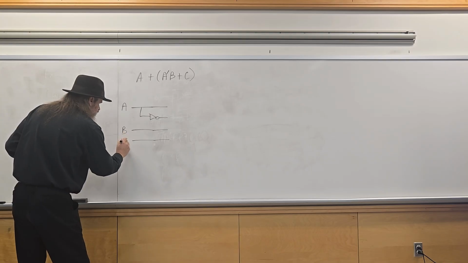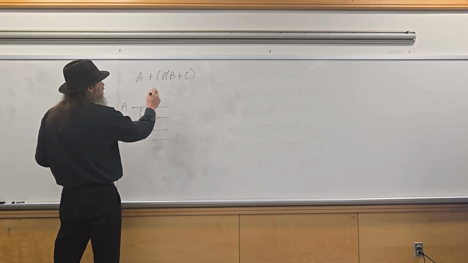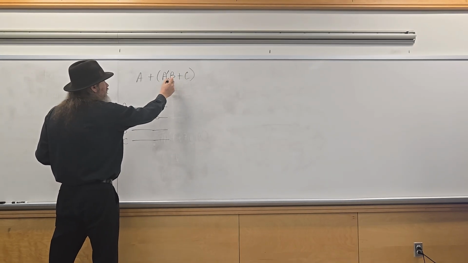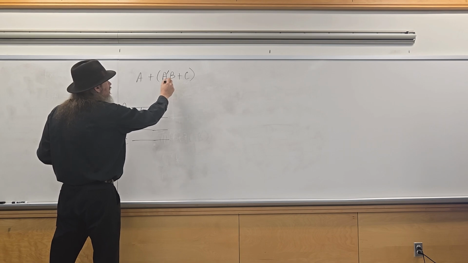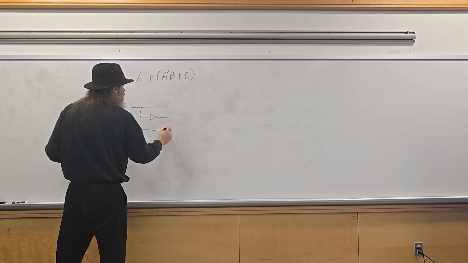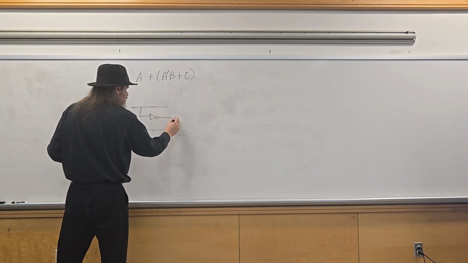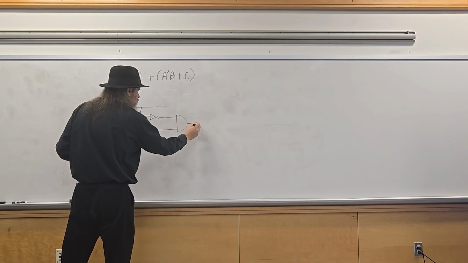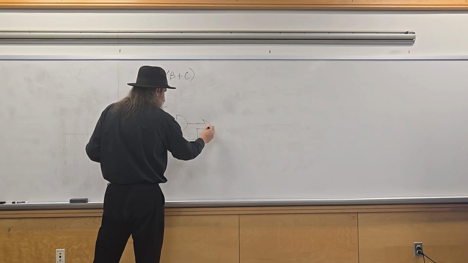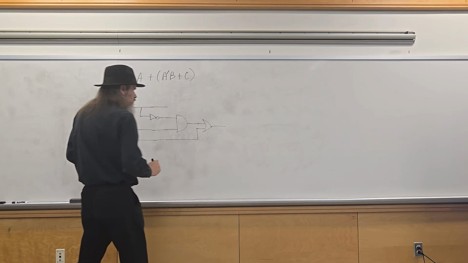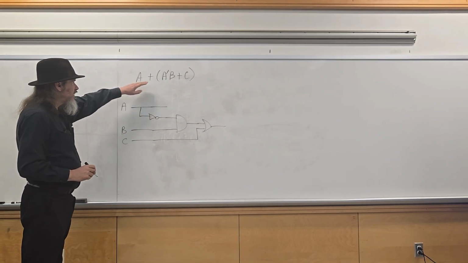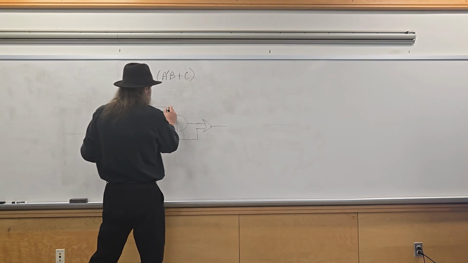Primes are taken care of first. In the parentheses, ANDs are taken care of first, and then the ORs. So A prime B is going to be ANDed together. Then it's going to be ORed with C. And then you take the outer portion, and A is ORed with that.